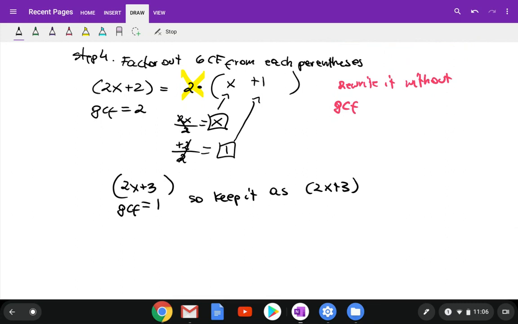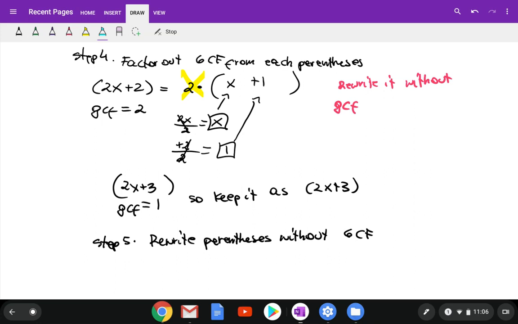Step 5, rewrite the parentheses without the GCF.